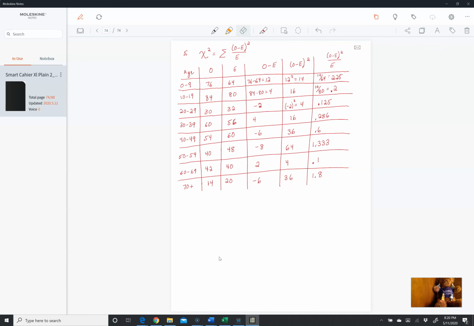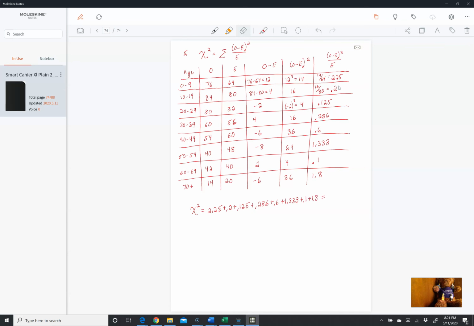Okay. And all we do to calculate chi-squared then is we take the sum of this column. So we're adding all of these numbers together. So this is 2.25 plus 0.2 plus 0.125 plus 0.286 plus 0.6 plus 1.333 plus 0.1 plus 1.8.